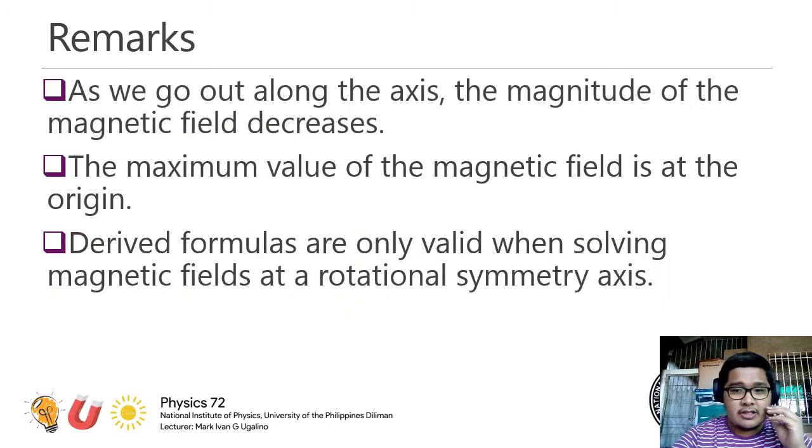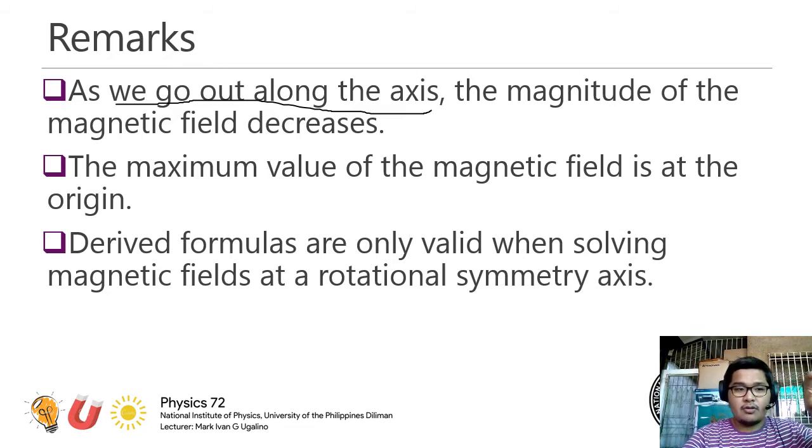Okay, so here are some remarks. Remember that there is a z dependence. That is, if we go out along the axis, the magnitude of the magnetic field decreases. So if you have a loop like this and you move away from the loop along its axis, the magnetic field at that point decreases.